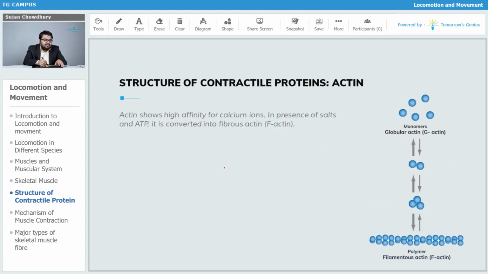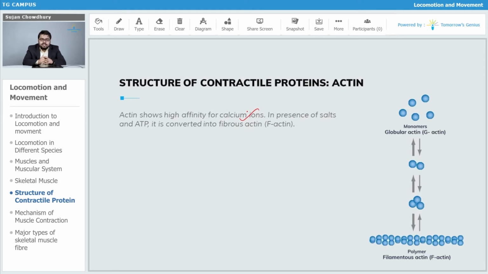Actin shows high affinity for calcium ions. It's a very important fact which we need to understand. Calcium is very important for muscle contraction. That is why we have the parathyroid hormones which ensure level of calcium good enough in our body.